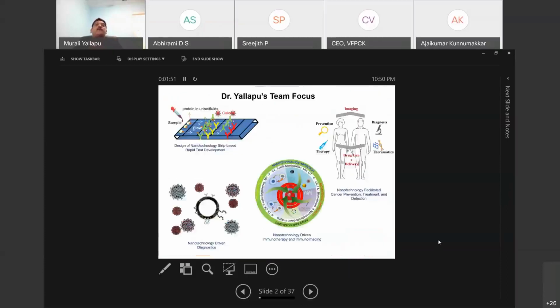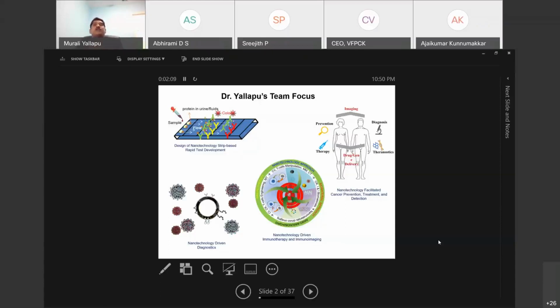So my team focuses primarily on cancer, particularly from the prevention aspect to therapy and also imaging, diagnosis, and theranostic applications.